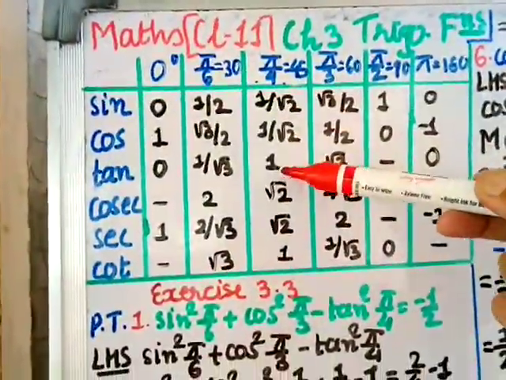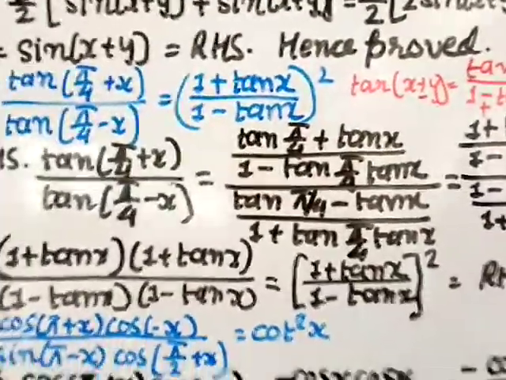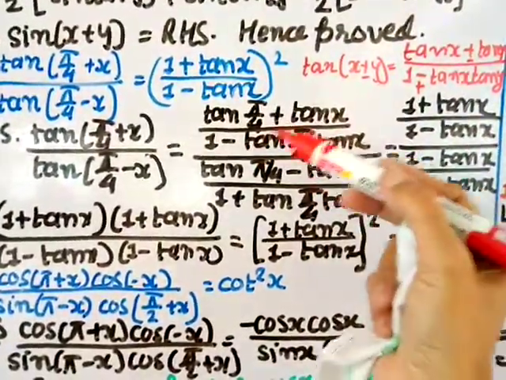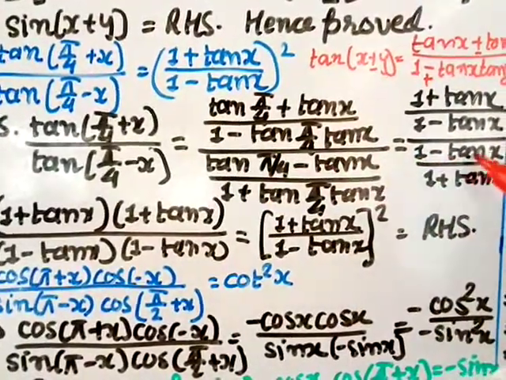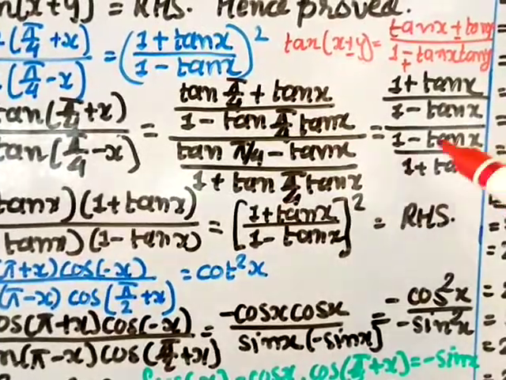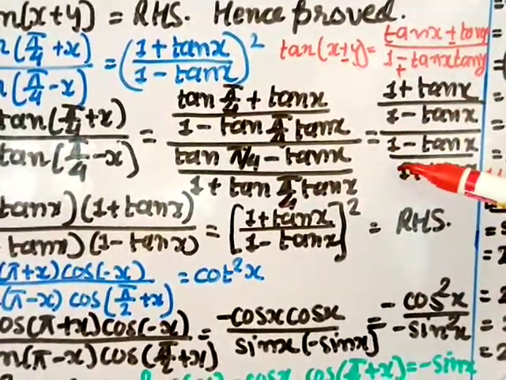Tan pi by 4 value is 1, we know that. So putting the value, we get 1 plus tan x divided by 1 minus tan x, because this also is 1, and here 1 minus tan x divided by 1 plus tan x. Now the 1 plus tan x can be taken in the numerator, and 1 minus tan x can come in the denominator.